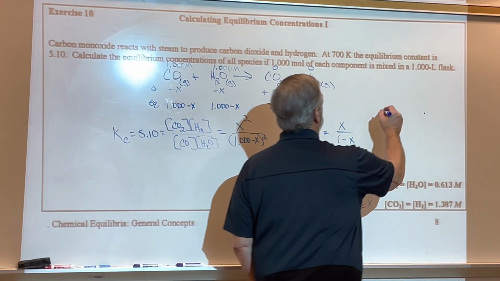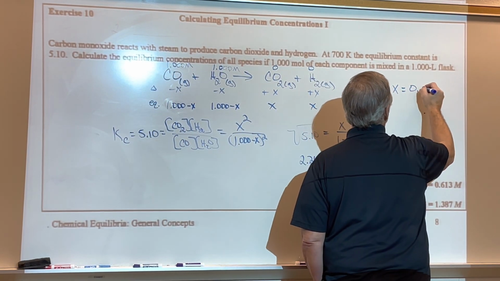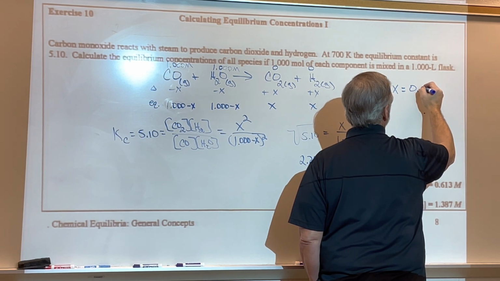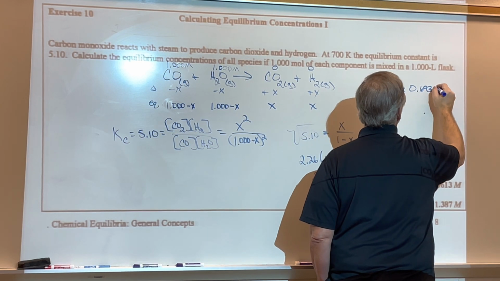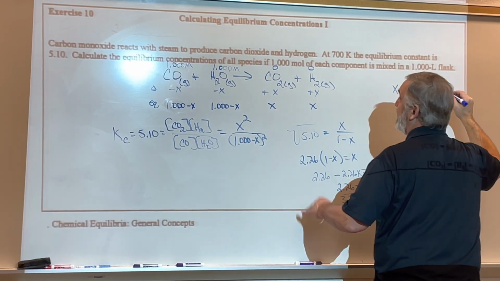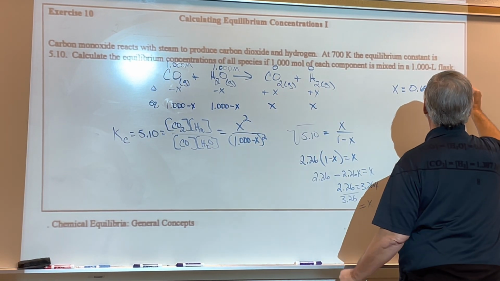Okay, so x is equal to 0.692. Is that what I heard? Yeah, 0.693 molar, which is going to be x. We let x equal these.